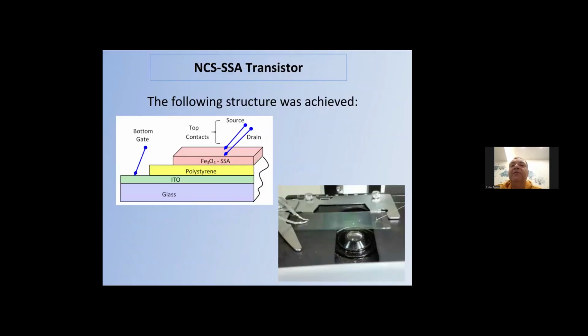We have the glass covered by ITO, covered by polystyrene, and then over polystyrene we have the ferrite SSA organic material. We put on this film two top contacts representing the source and the drain under microscope, and we contact the ITO, that is practically the bottom contact, as the gate terminal. And on the right side you see the configuration under microscope.